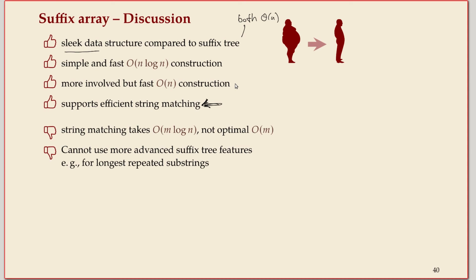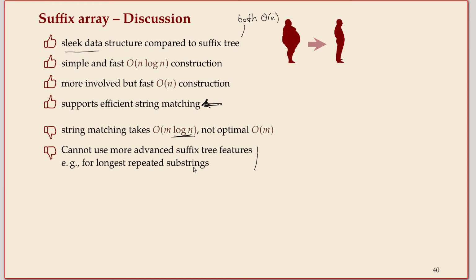There are some downsides. The theoretical time for string matching grows by this factor log n. So if your text is really, really, really big, this might be a headache for you. And the other more fundamental problem is that we didn't use suffix trees only for the text indexing, for the plain string matching, but indeed we applied it to other interesting problems.